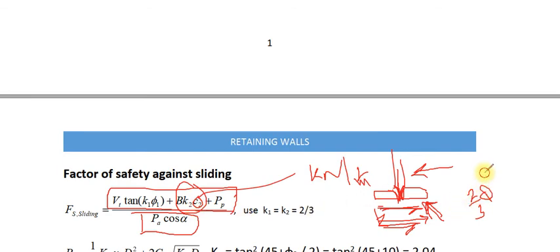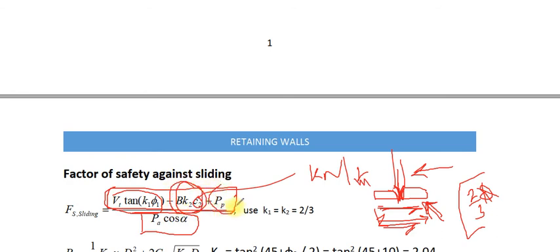K2 also may be taken as 2 over 3, multiplied by the cohesion, since the cohesion between the concrete material and soil is not equal to the cohesion of the soil, and the angle of internal friction between the concrete and soil is not equal to the angle of internal friction of the soil. The first component here in the resistance forces, and this is the second component.